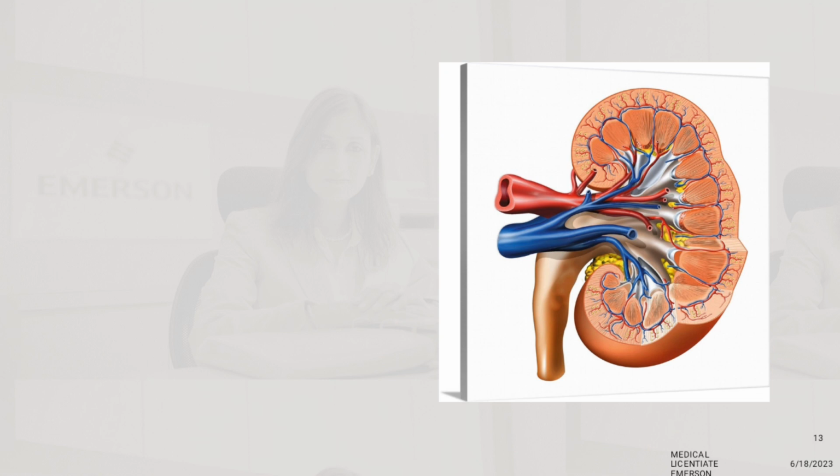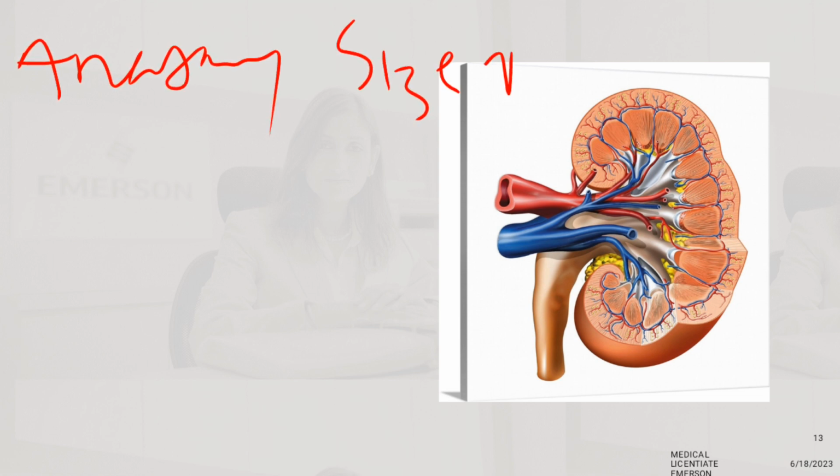Then the renal changes. First we are going to start with the anatomy and then the physiology. In terms of anatomy of the renal system, the size of the kidneys is going to increase. Then the renal pelvis volume increases, and the ureters increase in size, which may lead to hydronephrosis.